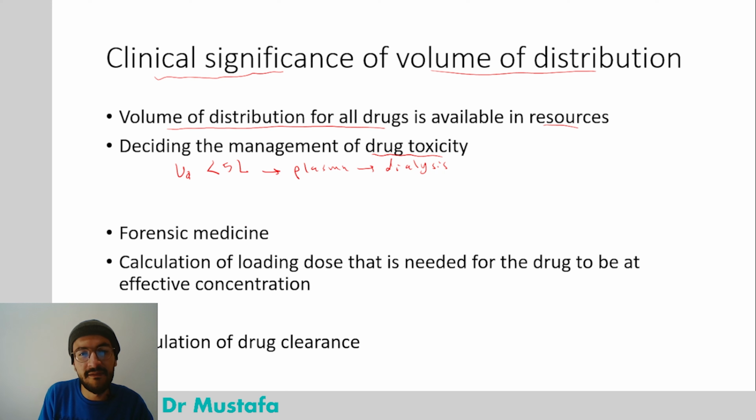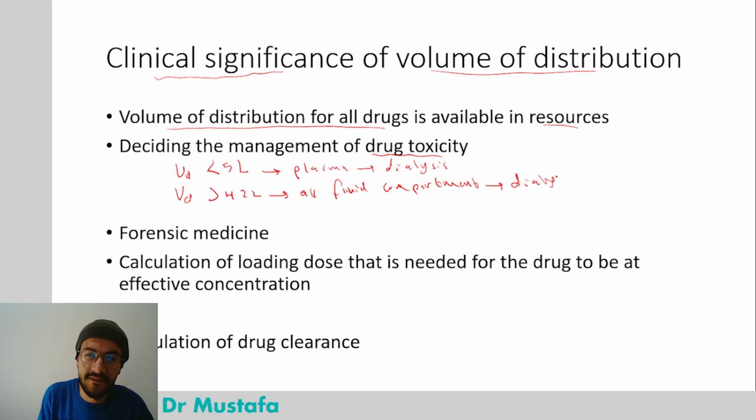Dialysis would be effective. If the volume of distribution of the drug that the patient has toxicity with is more than 42 liters, this means that the drug is in all the body compartments, so all fluid compartments, and dialysis would be ineffective.